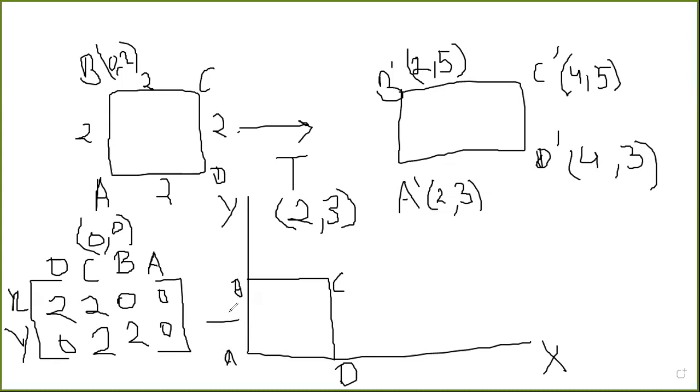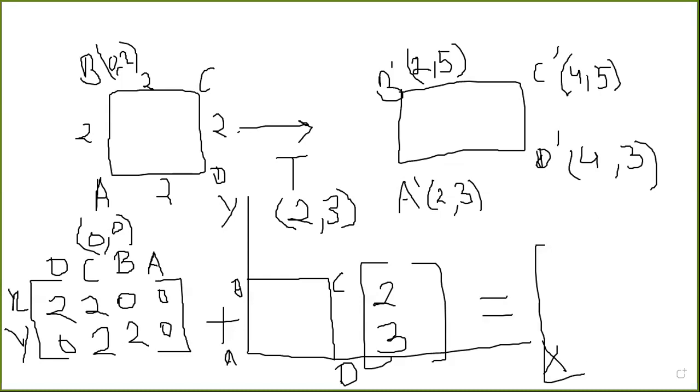And plus, what you have to add: tx 2 and ty 3. So you have to add this to this matrix, and you will get the new positions A dash, B dash, C dash and D dash.